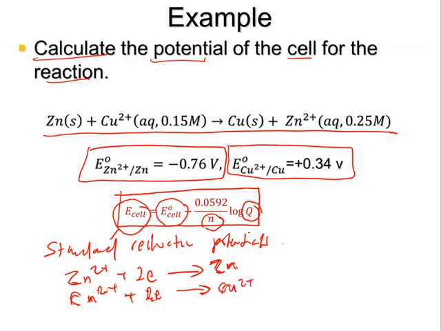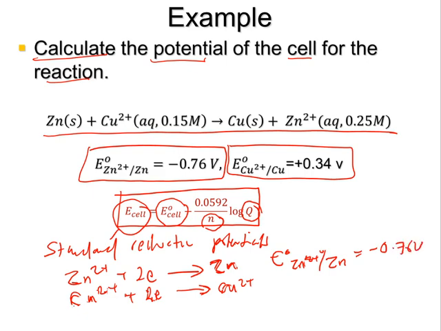Okay, like this. So when it comes to writing the E0 for zinc, it will be zinc 2 plus divided by zinc, which is basically given by minus 0.76 volts.